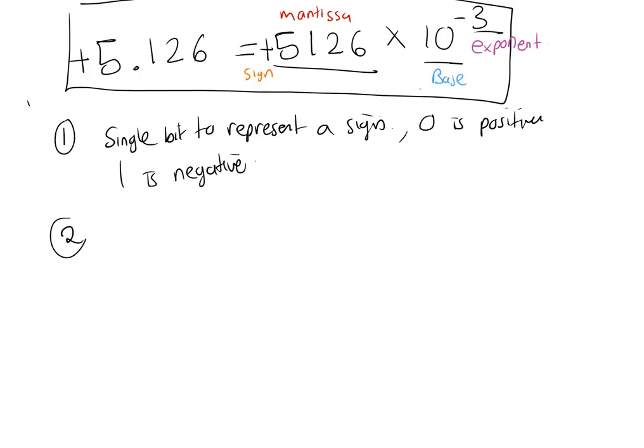Okay, number two, we have to talk about that exponent. So how can we represent that exponent? So let's actually see. The exponent is stored in something called biased form. This biased form just means that we've added a number to it. And why do we have to add a number to it?